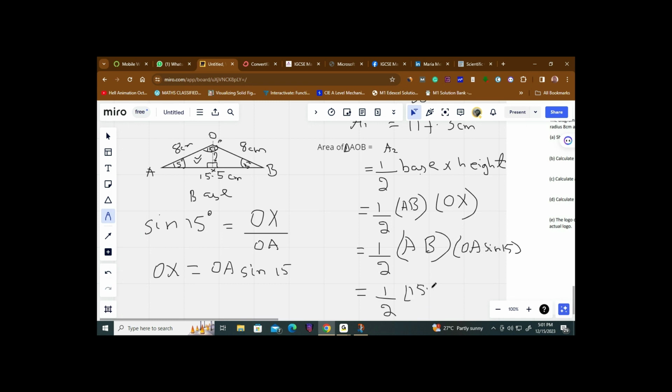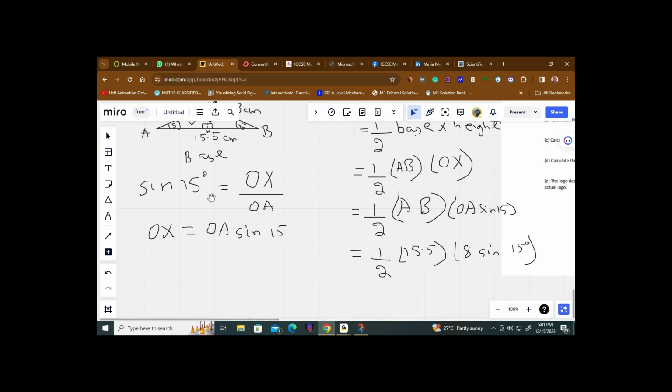Half times 15.5 times 8 times sine 15 degrees. Now let's calculate this, and once we solve it, we come to know that A2 is 16.05 centimeters squared. Correct?